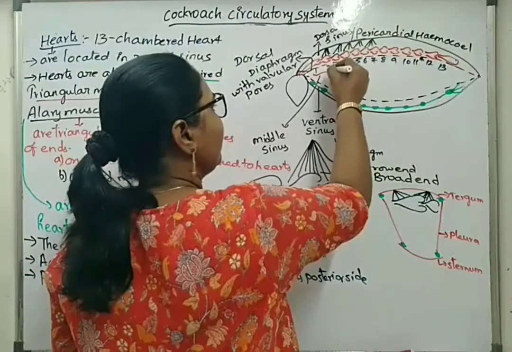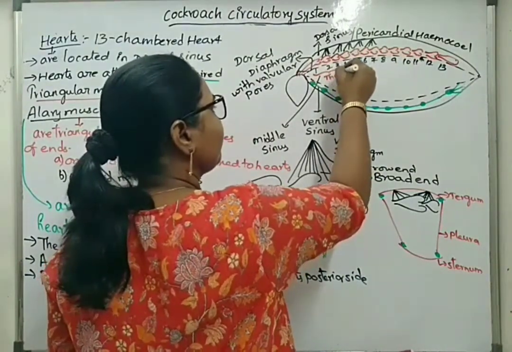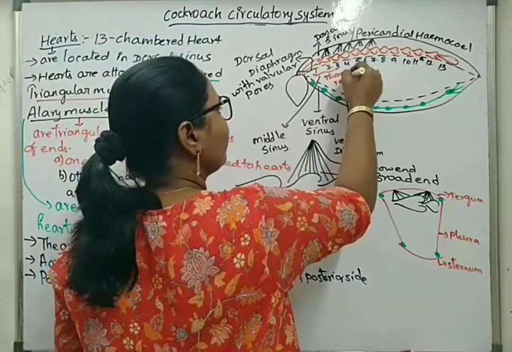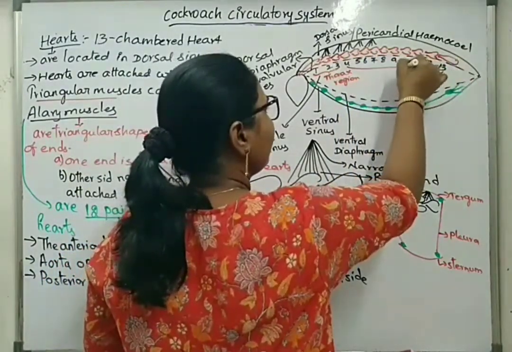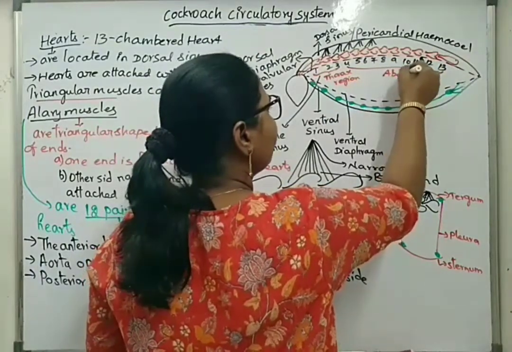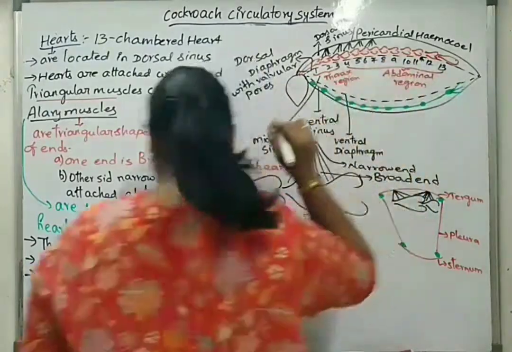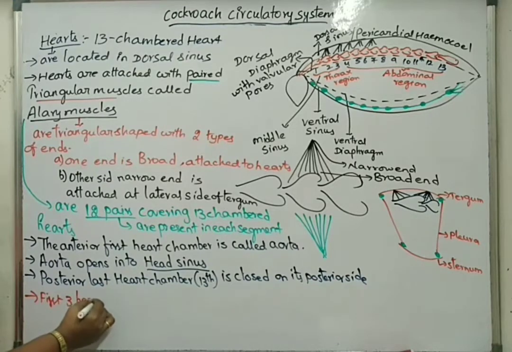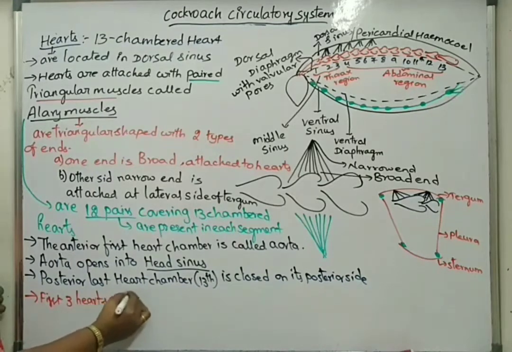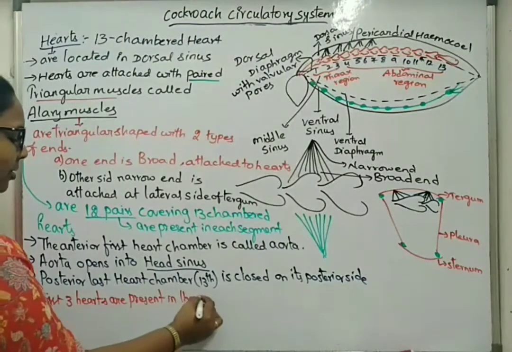So here these are in thorax region. So these will be present in abdominal region. First 3 hearts are present in thorax.